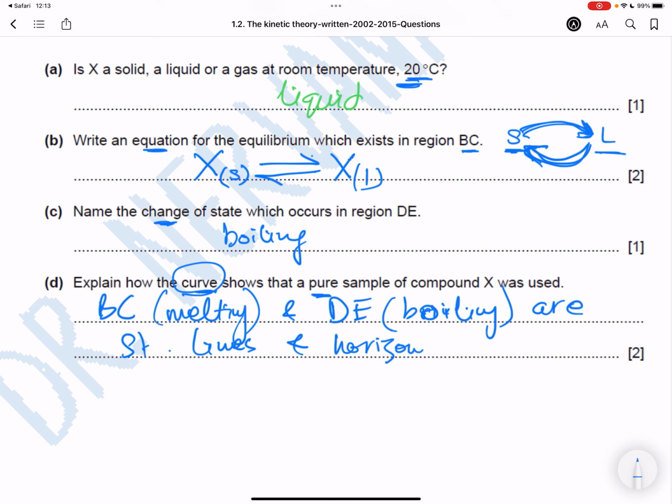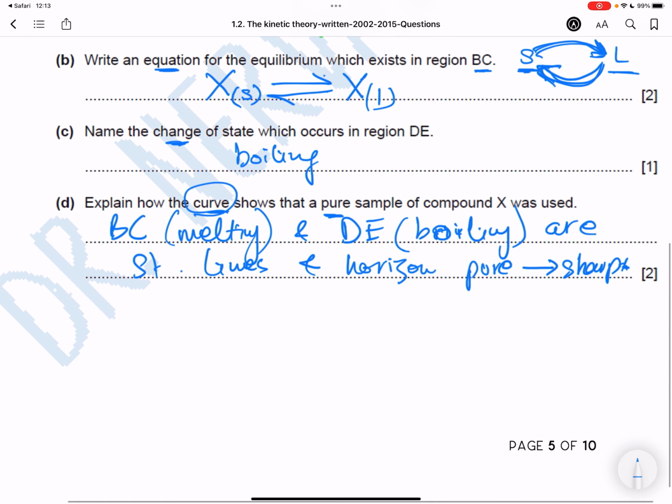And you're going to say that pure substances have sharp melting and boiling points, and since it's horizontal, it means it's sharp. Now, if you write melting point decrease and boiling point increase, sorry guys, you lose the mark, because it's not asking about what happens to the melting and boiling points or values. It's asking about the curve. How does it tell you that it's pure?